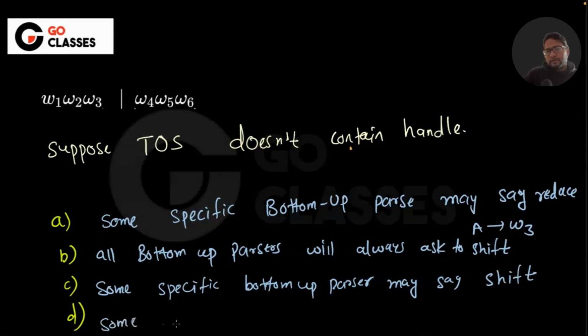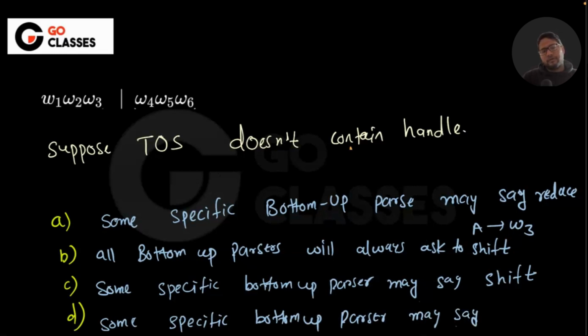Some specific bottom-up parser may say, let's suppose, which is true here. Can there be some specific bottom-up parser, maybe some bad parser, that says okay, let's just reduce it, even though the top of the stack doesn't contain the handle?